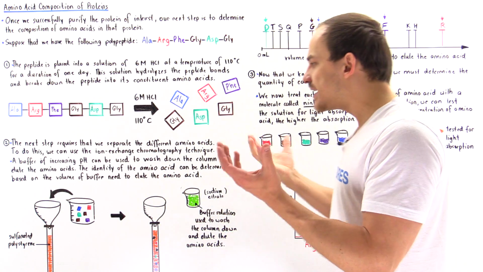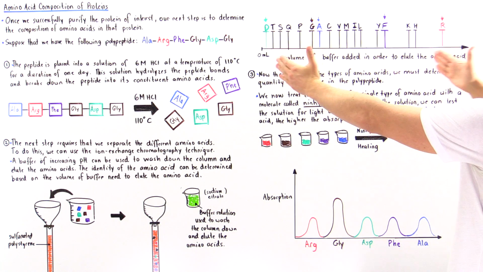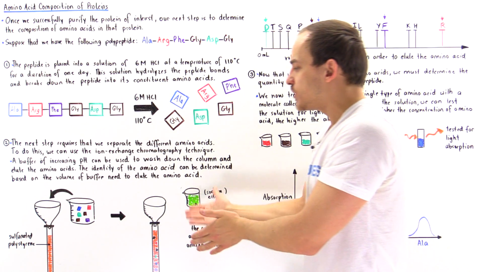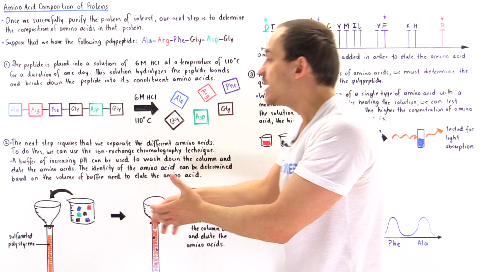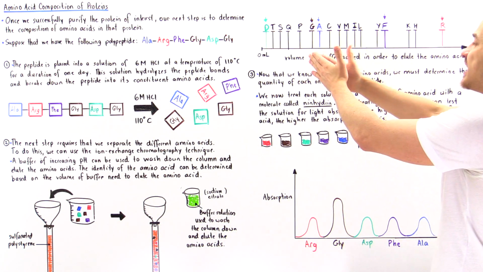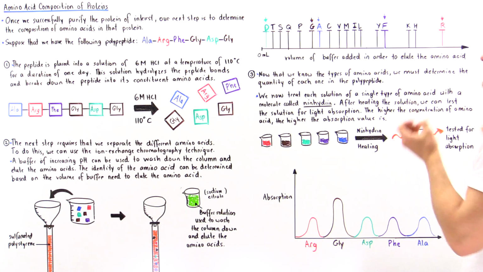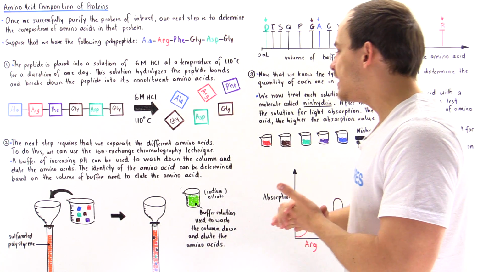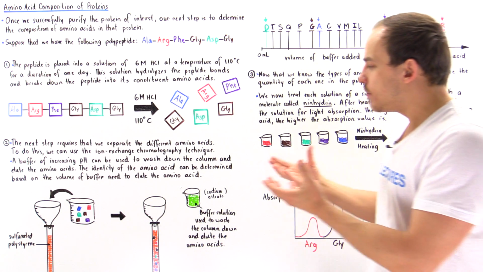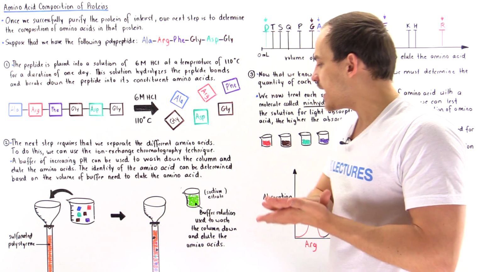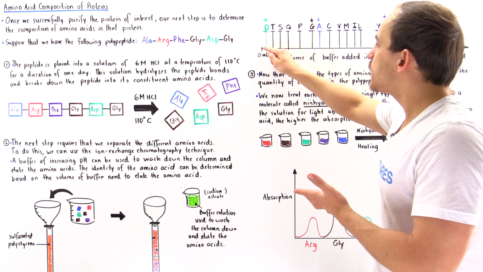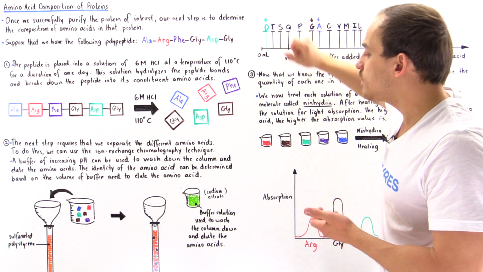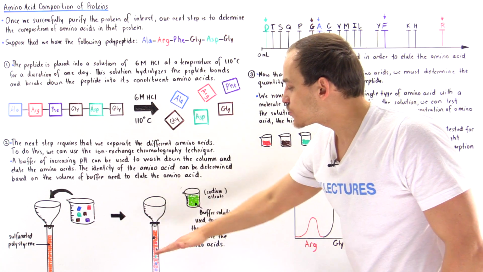So we essentially have these values that we can find in a textbook, and then we can determine what the values that we use are, and compare them to those textbook values and see exactly what amino acid we are dealing with. So to see what we mean, let's suppose we use a buffer at a relatively low pH, and we use a very small amount of that volume before we see that one of those amino acids actually elutes.